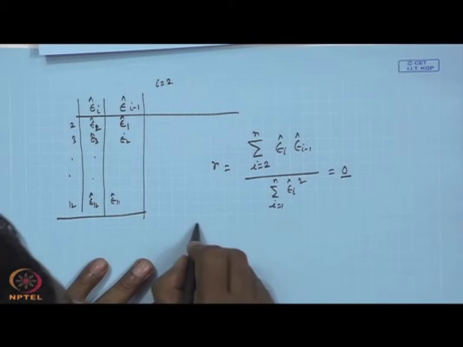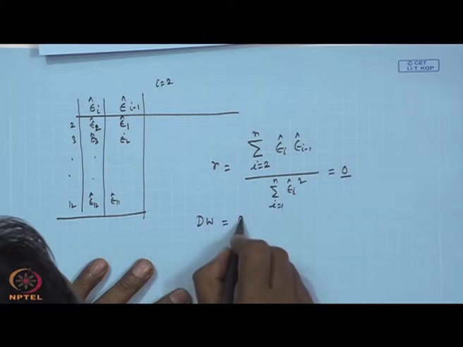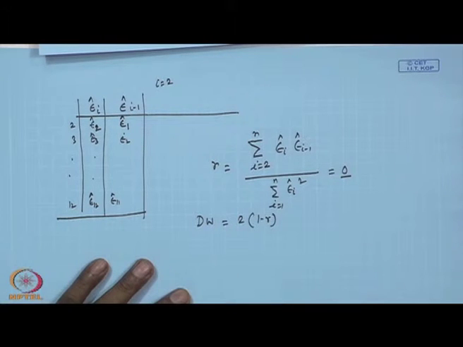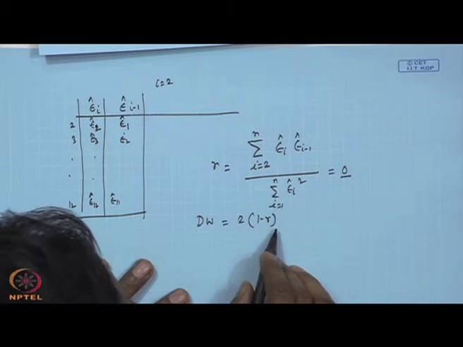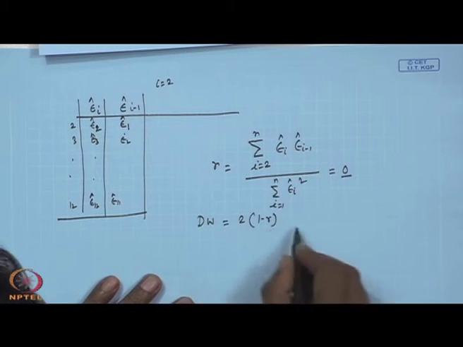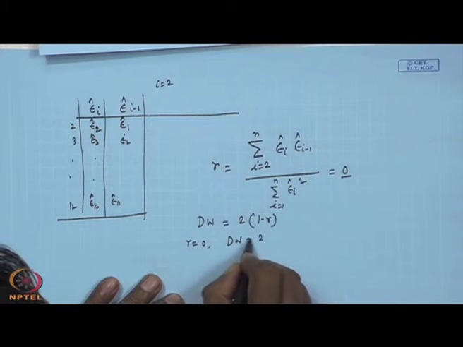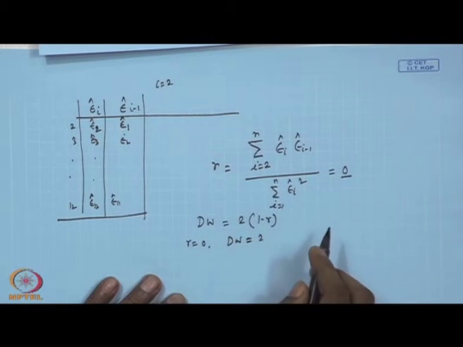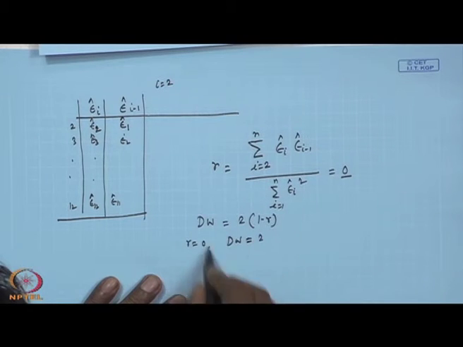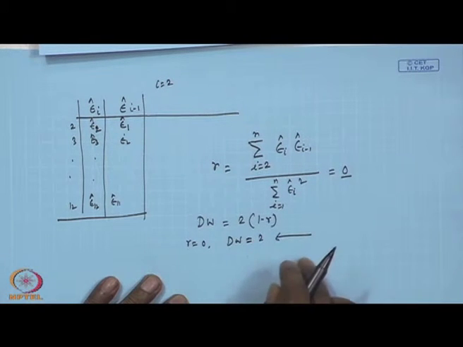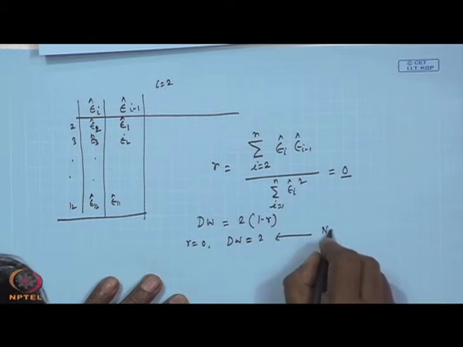Now, there is a relation between DW and this correlation coefficient. It is 2 minus r. So, when r equal to 0, DW equal to 2. So, in the Durbin-Watson test, if this value is 2, it indicates no correlation.